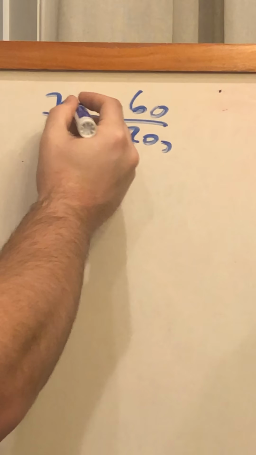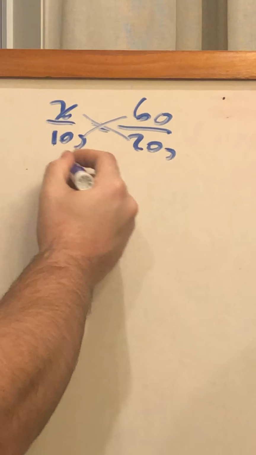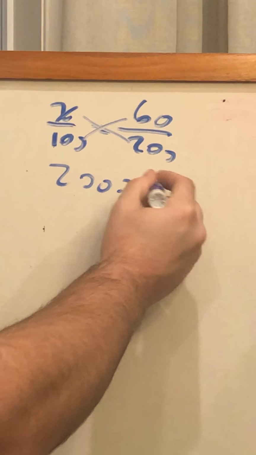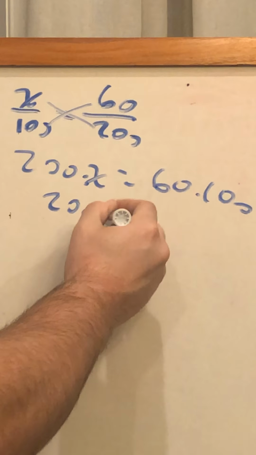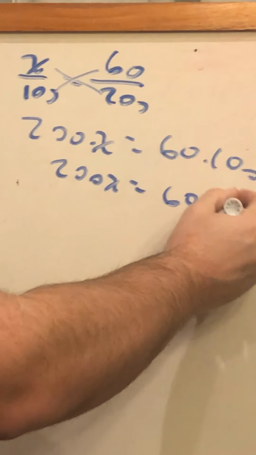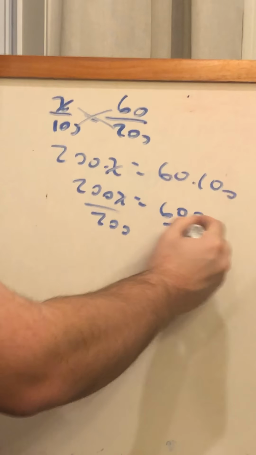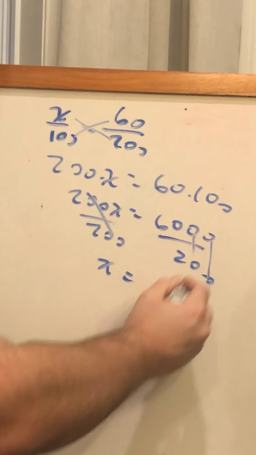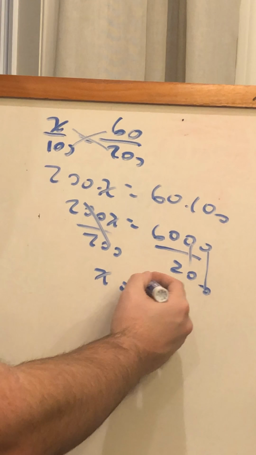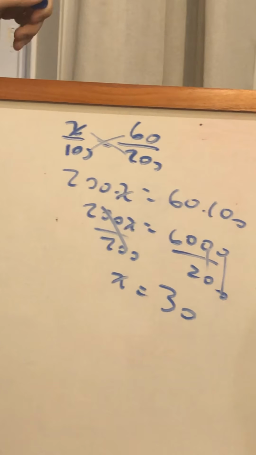Cross multiply here. 200 times x, 60 times 100. 200x equals 6,000, divide by 200, cancels out. x is going to equal 30. So this means that Peppa Pig has eaten 30%.